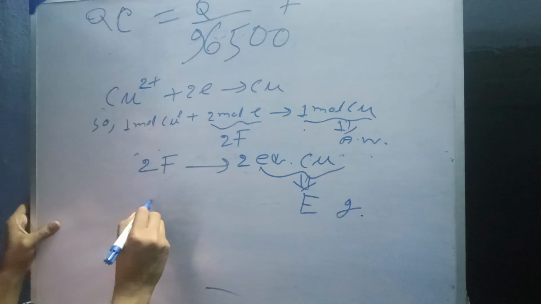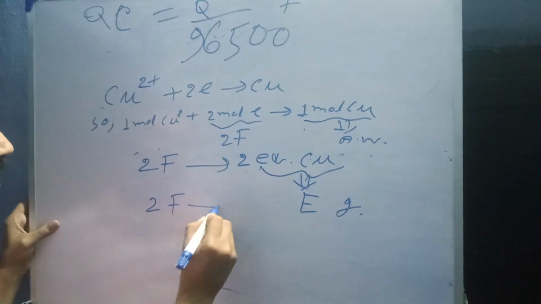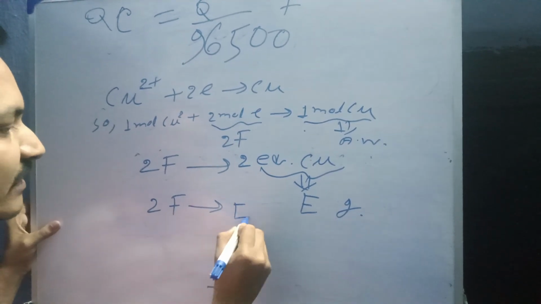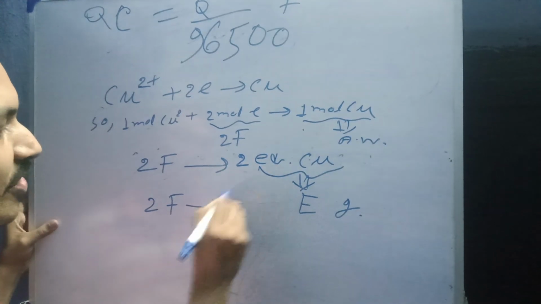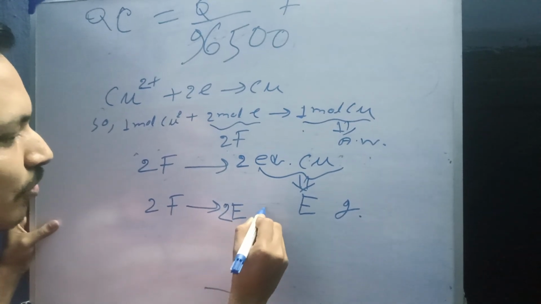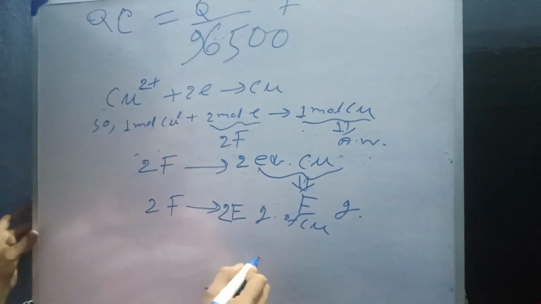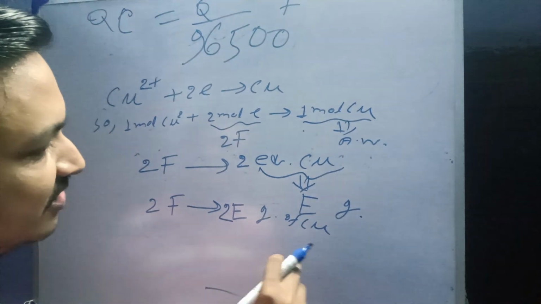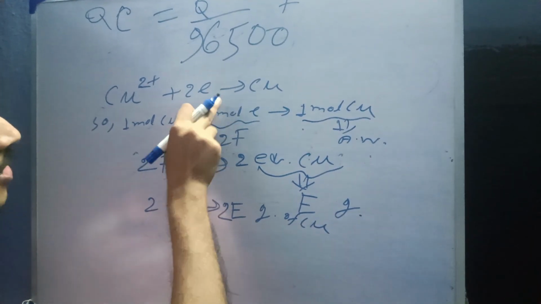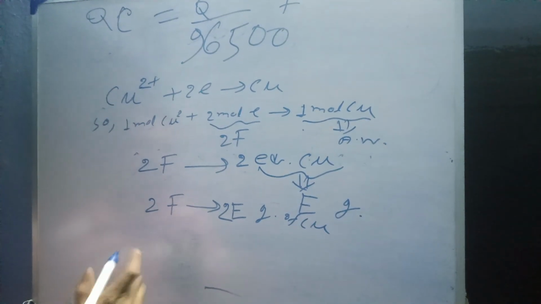then we can say that here 2 Faraday produces 2 into E gram of copper, and equivalent weight of copper we have already said is equal to atomic weight divided by number of electrons transferred, that is 2.